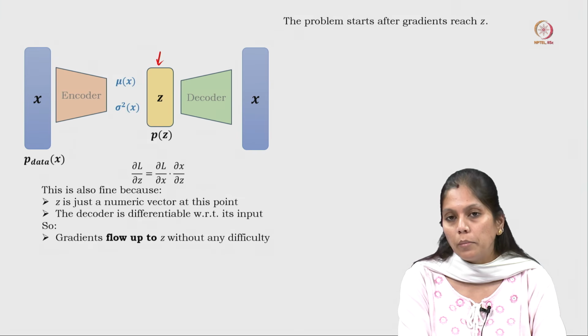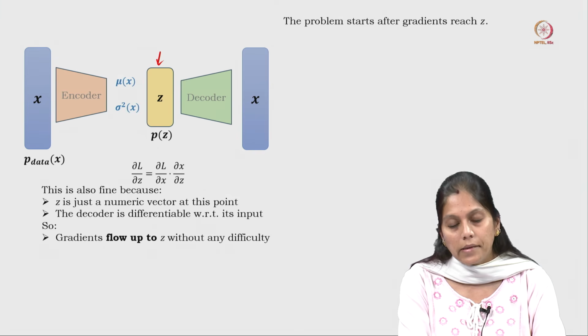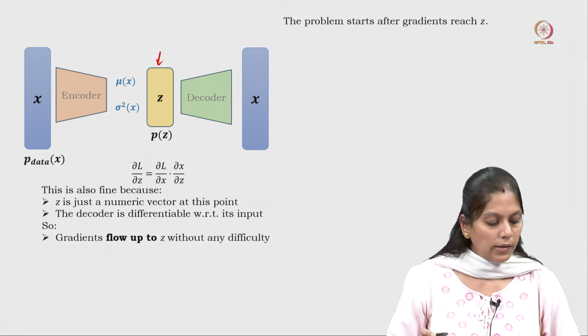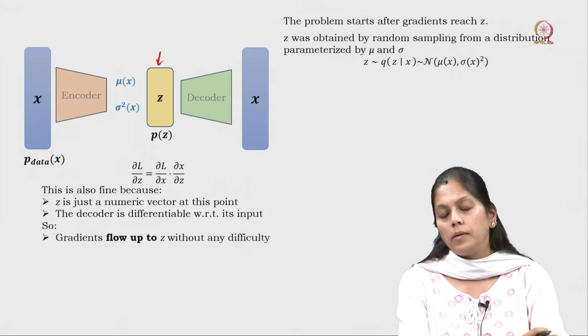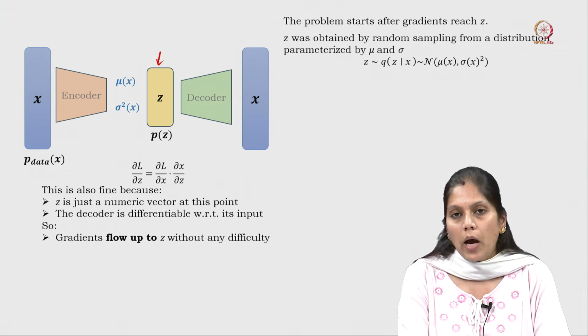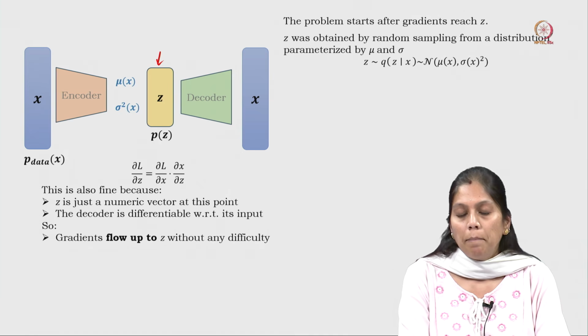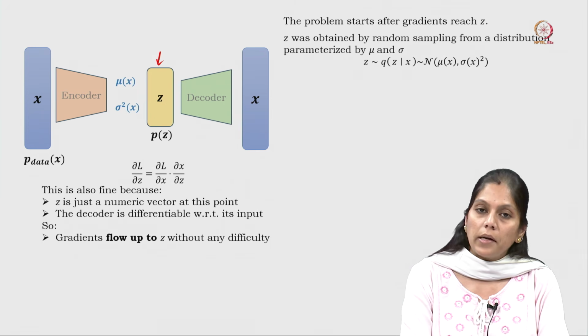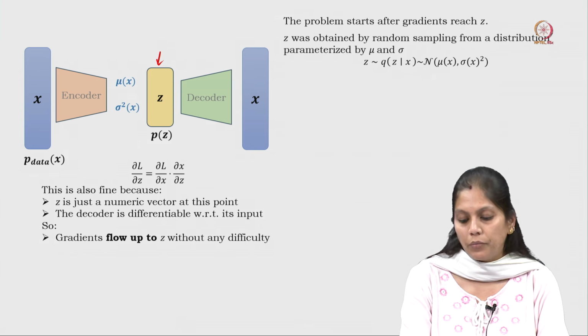Why do you think the problem starts here? How are we getting a Z? Is it not that Z is sampled from this distribution? We are obtaining Z by randomly drawing from a distribution. Which distribution? One parameterized by mu and variance.